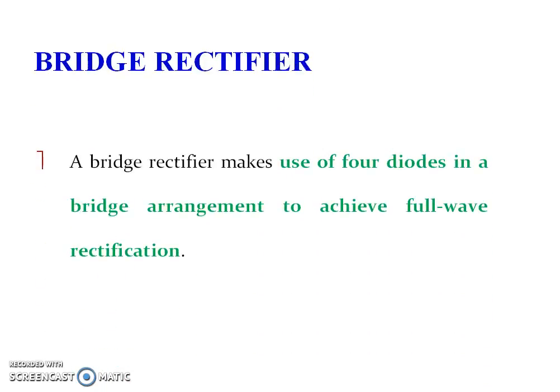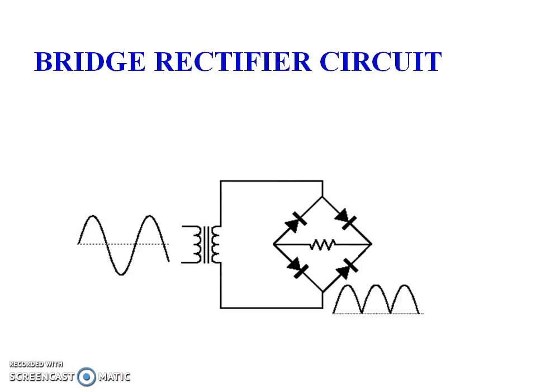Now coming to the bridge rectifier, which is used for the full wave rectification process. A bridge rectifier makes use of 4 diodes in a bridge arrangement to achieve full wave rectification. So this is the circuit diagram where we have 4 diodes connected in a bridge arrangement, and this is a step down transformer.